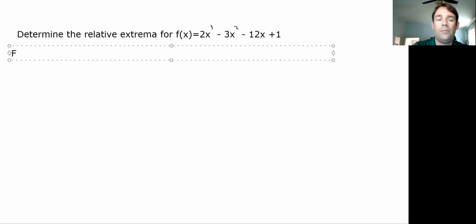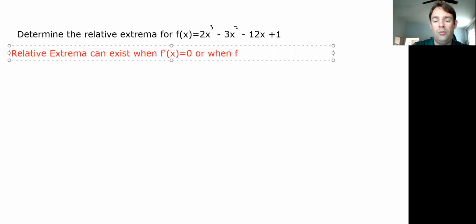So relative extrema can exist, because we're not using the first derivative test this time, can exist when f prime of x equals 0 or when f prime of x is undefined.